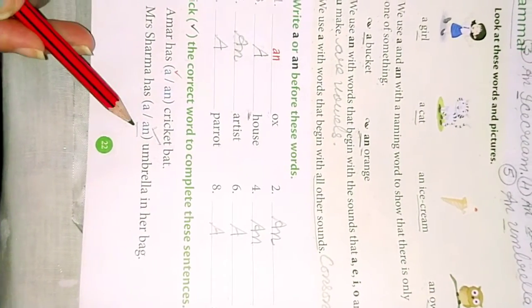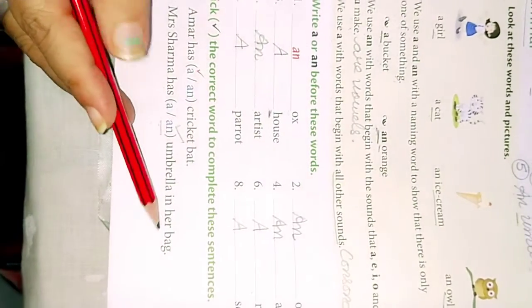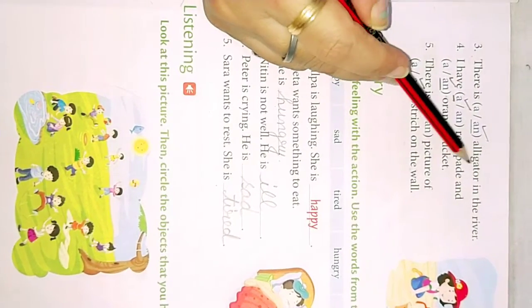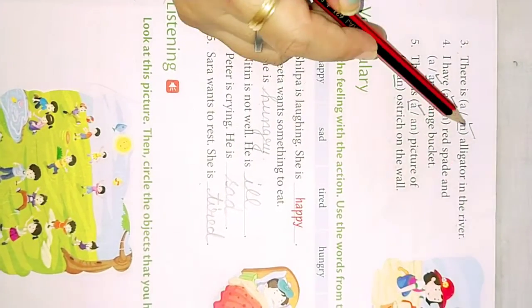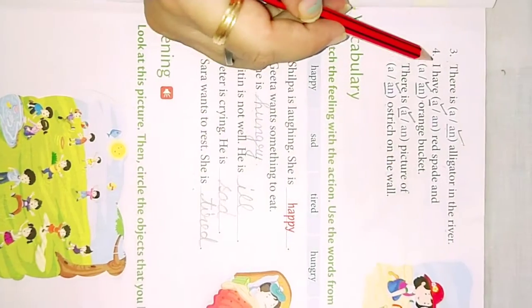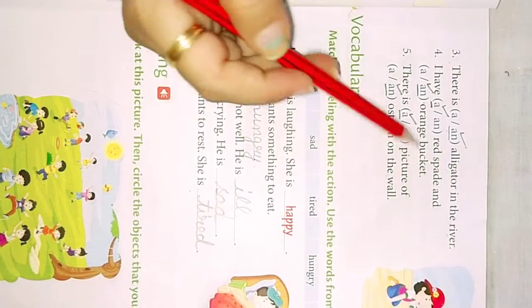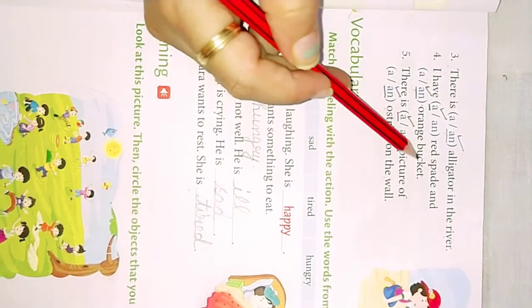Tick the correct word to complete these sentences. Amar has a cricket bat. Mrs. Sharma has an umbrella in her bag. So underline it and tick mark also. Third one, there is an alligator in the river. Underline an and tick mark also. Fourth, I have a red spade and an orange bucket.